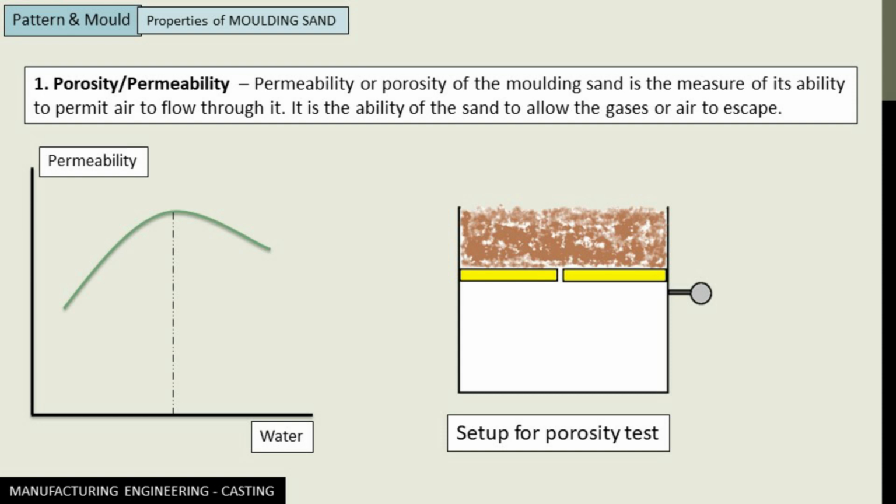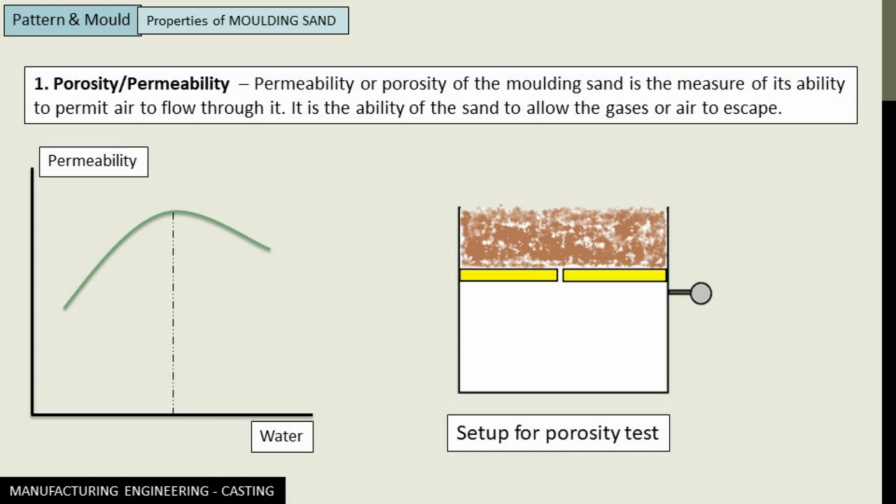To identify the porosity of a particular molding sand, there is an experimental setup which we call a porosity test, in which, as you can see in this particular figure, sand is placed on top of a flask and a very small opening is there.